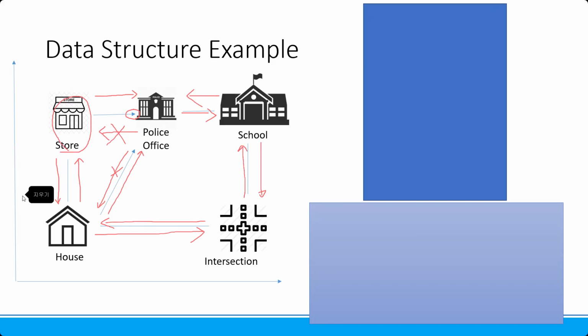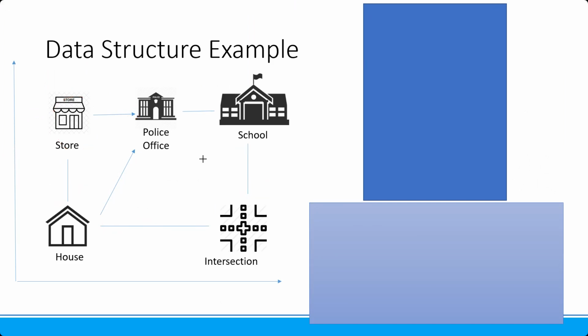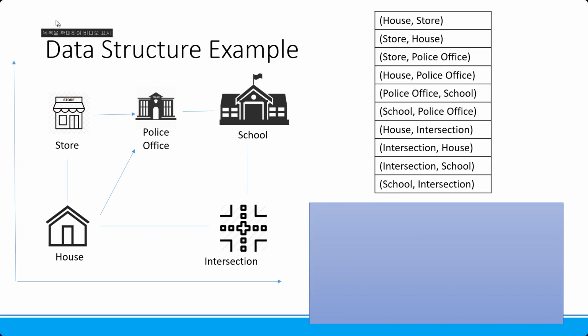Now, the thing is, what is the best way to save the data? One way to save the data is to check between two locations. So this is one method. It means I want to save the data house and store, because I can go from house to store.